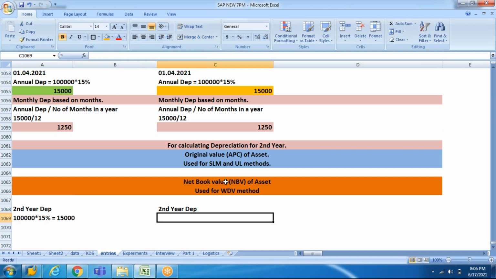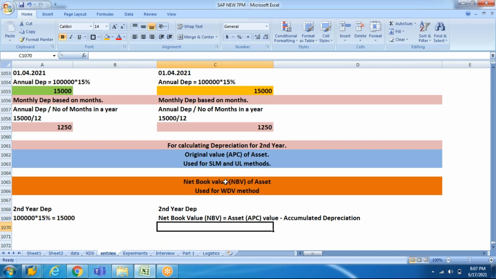So here you need to understand that net book value, or NBV, is equal to asset APC value minus accumulated depreciation.